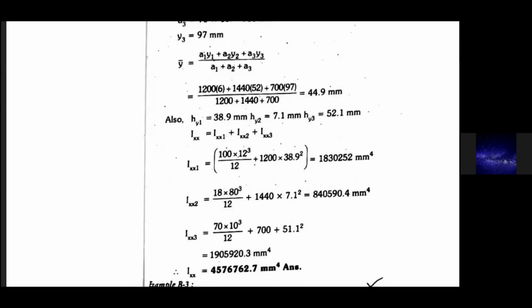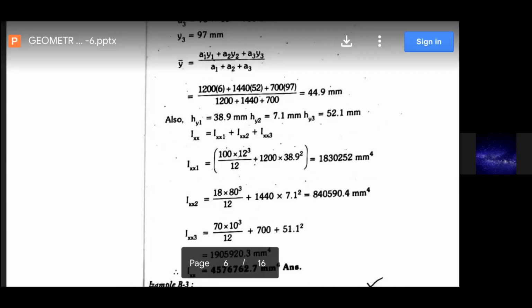That is 18 into 80 cube by 12 plus 1440 into 7.1 whole square. Simplify, we will get Ixx2. Ixx3 is equal to b3 d3 cube by 12 plus a3 into hy3 square.